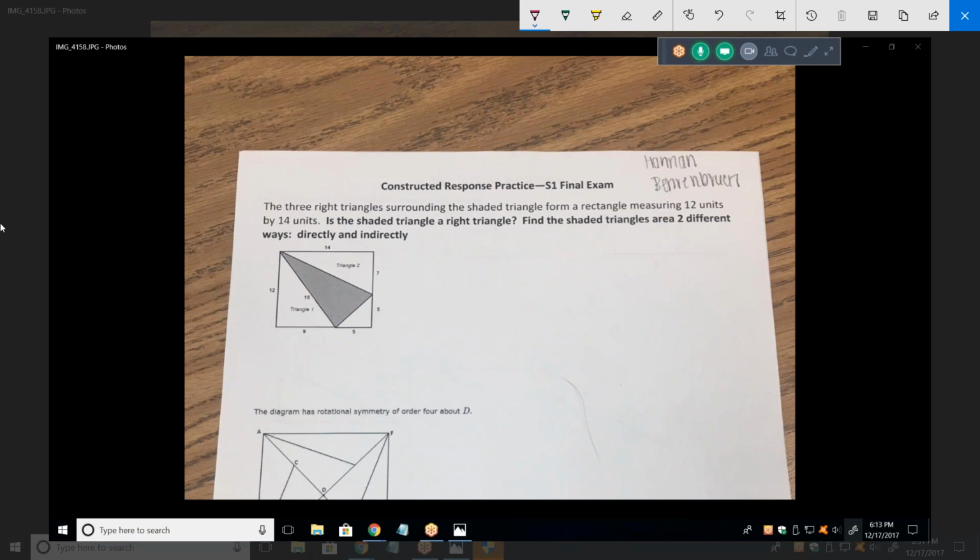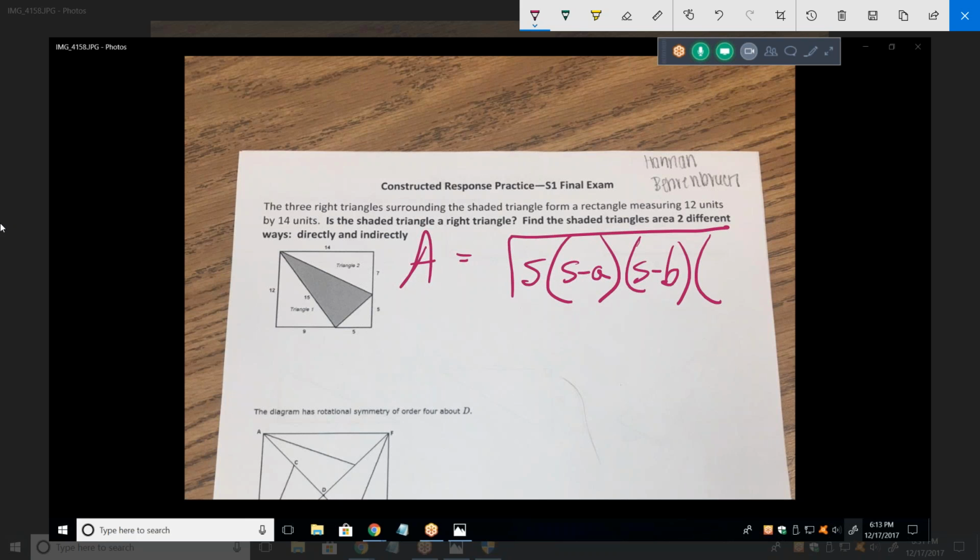The area of a triangle equals the square root of s times s minus a times s minus b times s minus c, where s is the semi-perimeter. In other words, we add up the three sides and divide by 2, that's what s is.